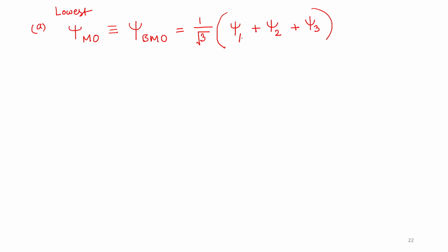I will write it in a different notation, as these are all hydrogen.